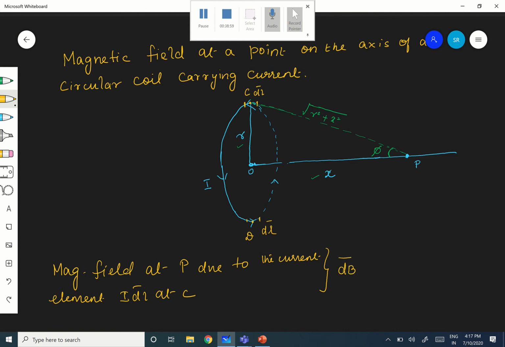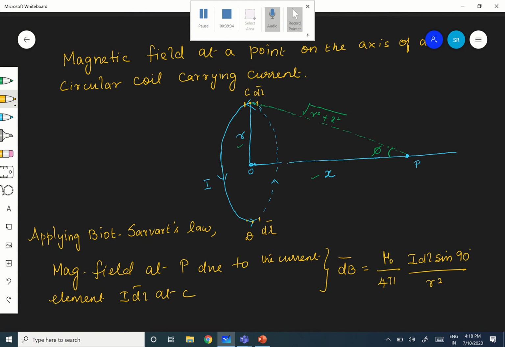Applying the Biot-Savart law, that is equal to mu naught by 4 pi, I dL sine 90, divided by R squared.